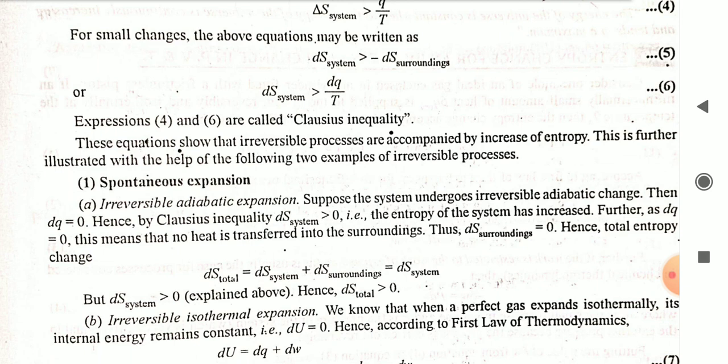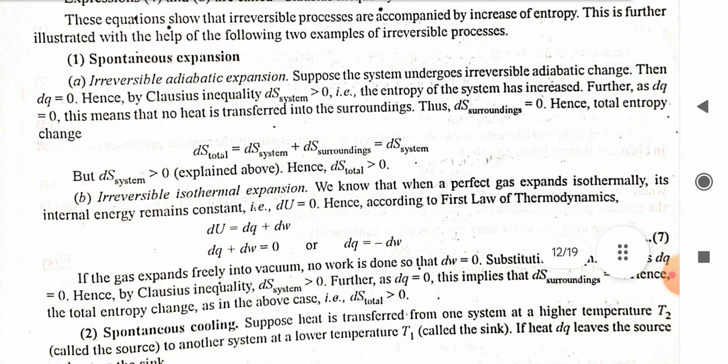This is further illustrated with the help of the following two examples of irreversible process. First, spontaneous expansion. A, irreversible adiabatic expansion. Suppose the system undergoes an irreversible adiabatic change. Then dq is equal to 0 and hence by Clausius inequality ds of system is greater than 0. The entropy of the system has increased.